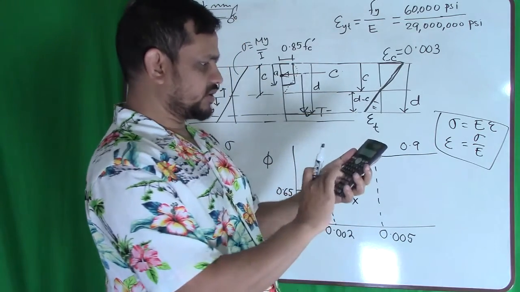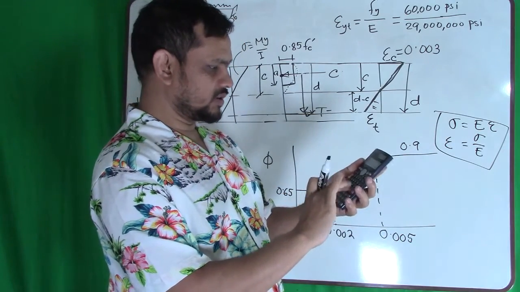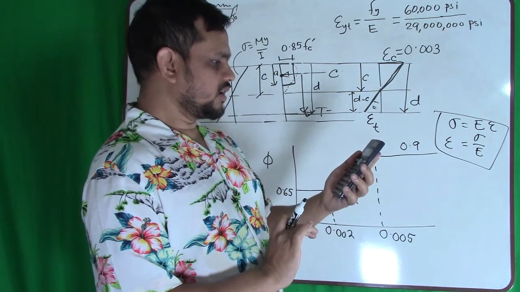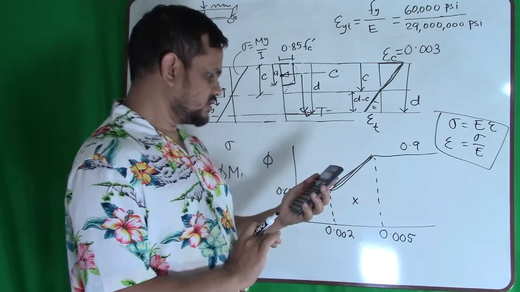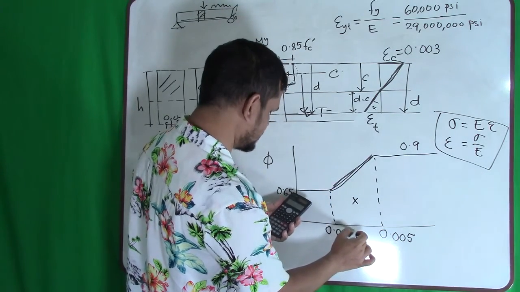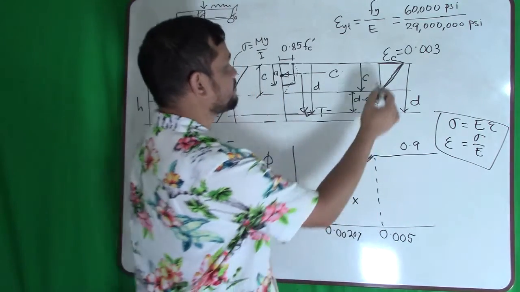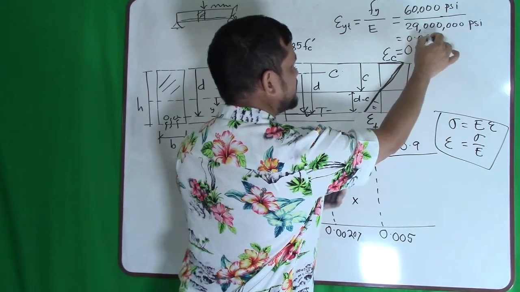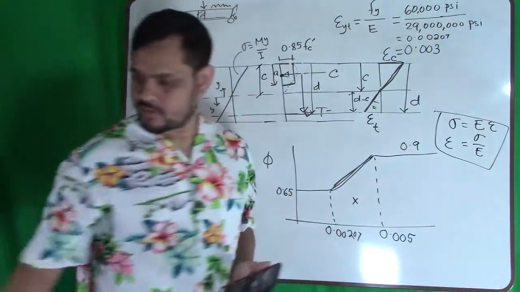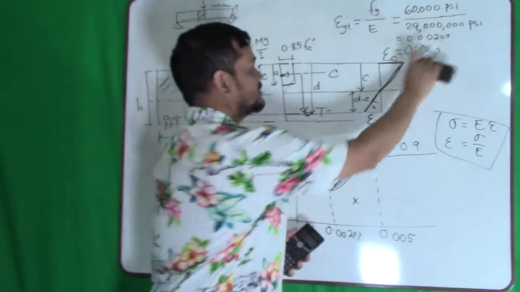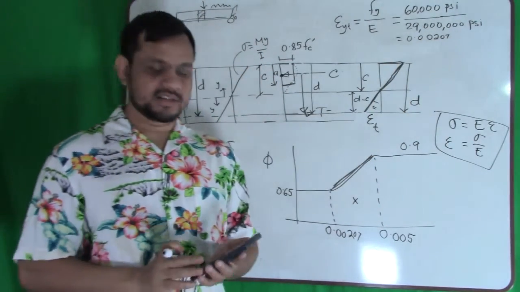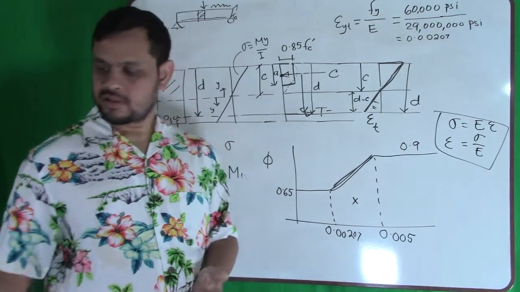So if I solve this problem mathematically, I got 0.00207 here. Okay, make some room here. That is the yield strain of steel.